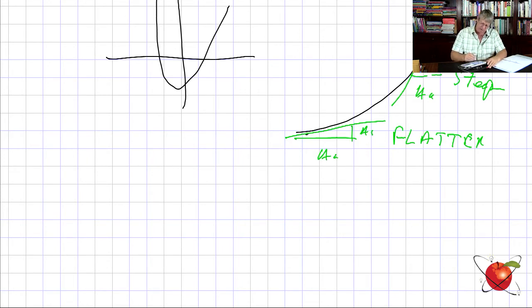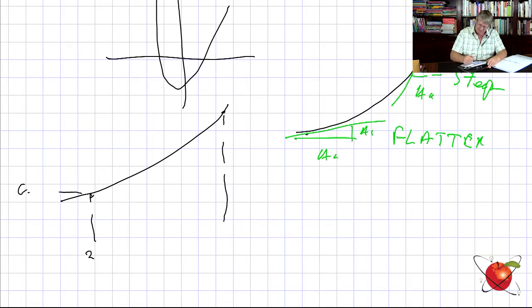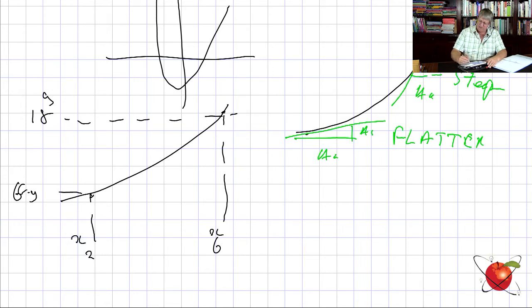And what do we do? Well, we've got two points on a curve here, let's say, and over there. And they say to us, let's say x is 2, and y was 6. Let's say x was 6, and y was 18. These are, of course, the x values and the corresponding y values. They are the coordinate pairs. So if we call them x1, y1, x2, y2, we now have to find the average gradient because there isn't one.